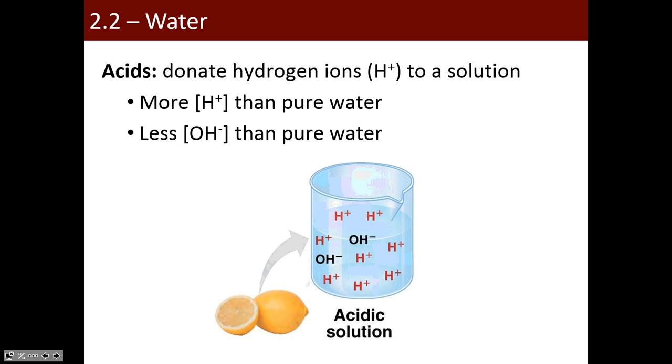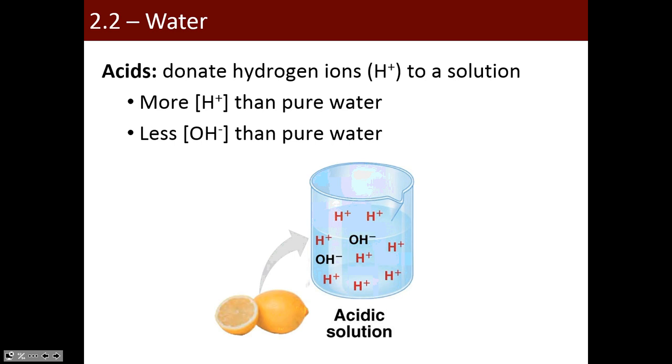So now instead of having this small equal amount of hydrogen and hydroxide ions in the background, we've got a lot of hydrogen ions and not very many hydroxide ions. So now our solution is more acidic than our pure water because it has an excess of hydrogen ions in it.